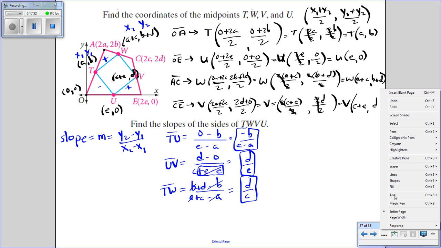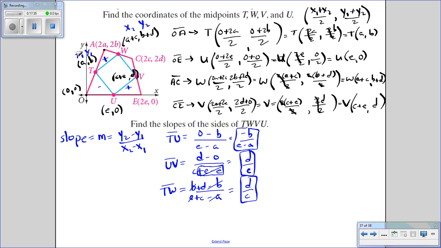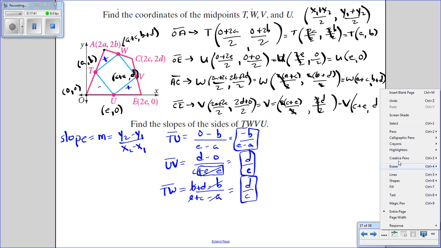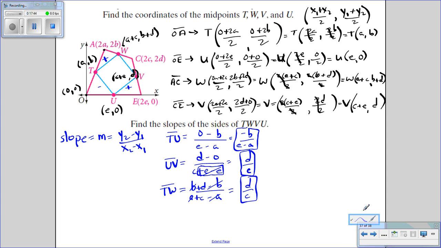And finally, we are going to find the slope of WV. So W, I will make my x1, y1. And V, I will make my x2, y2. So WV has a slope. Let's plug them in. Sometimes I like to put the negatives in here, these minus signs, so I don't mess up any negative symbols. So on top we have y2 minus y1. That's going to look like this.